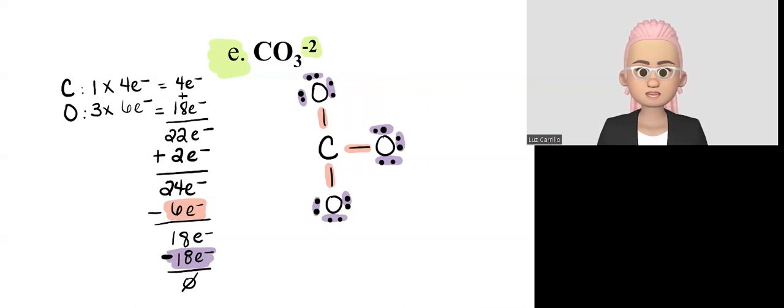Right now, we can observe that the oxygens have 8 electrons. The only atom that is missing an octet is carbon. Carbon only has 2, 4, 6 electrons around itself.